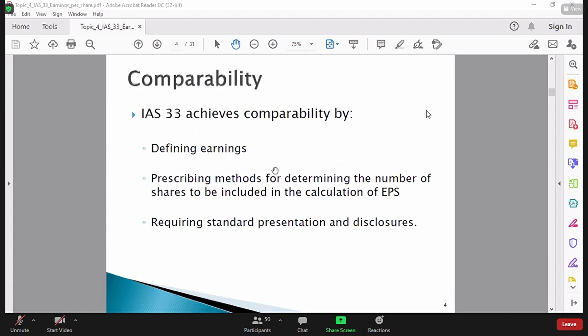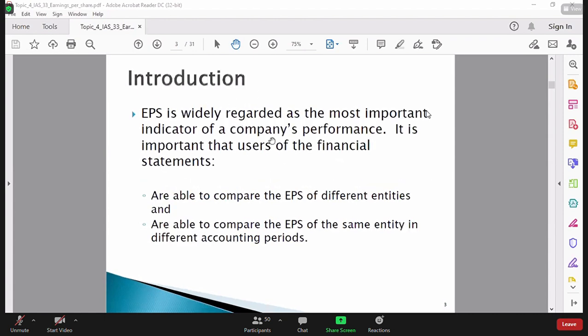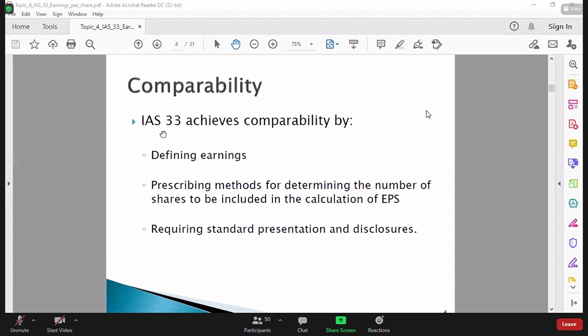Now let's look at here. If you look at here, you can see that it is talking about comparability. This is the ratio. So IAS 33 achieves comparability by defining earnings.